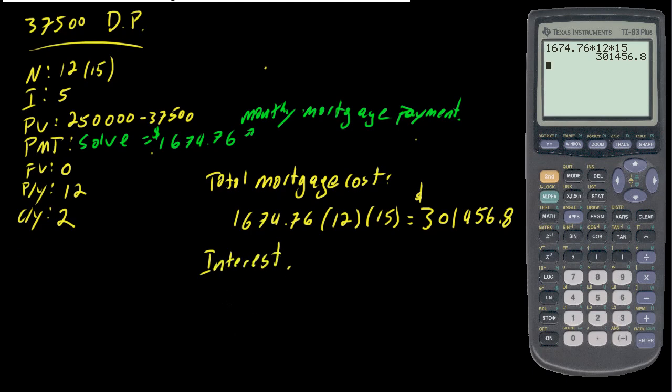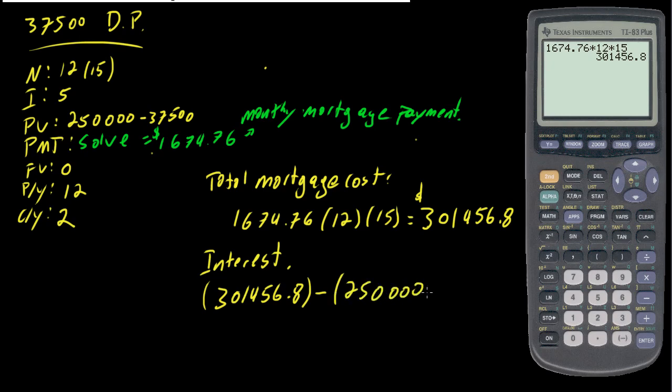Okay, we can figure out what the interest is as well. If the house originally was financed at our PV value here, and it ended up costing this much, we can figure out what the total interest was. So this is how much we ended up paying on the mortgage, and we're going to subtract from it whatever we financed.